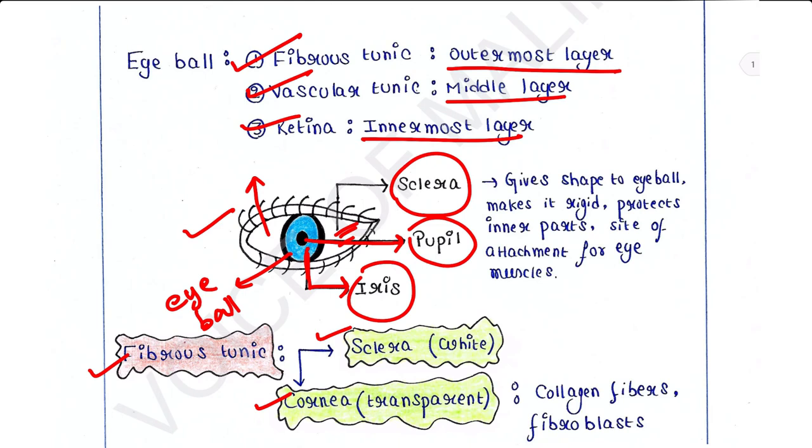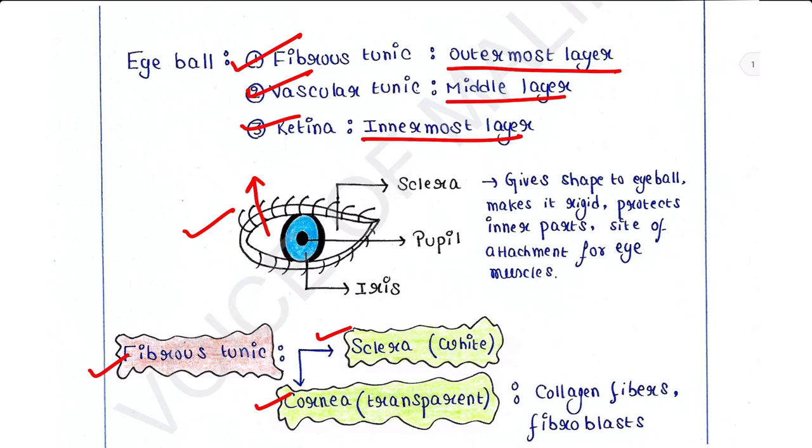Okay, so let me erase this part first. Yes, now it will be easier for you to understand. We can see this white part is the sclera, that is the fibrous tunic, and the fibrous tunic also has the cornea.